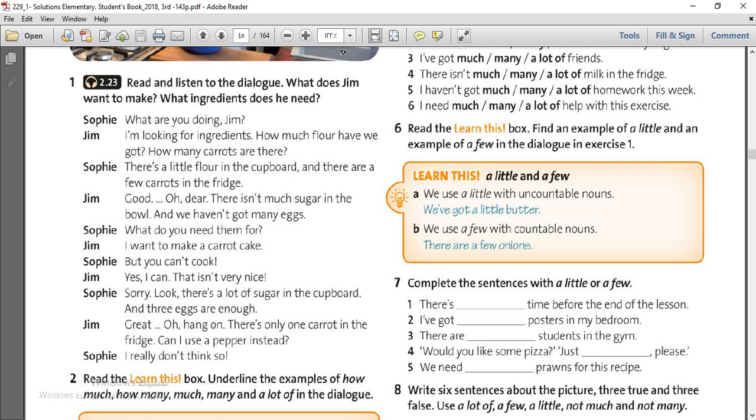What do you need them for? I want to make a carrot cake. But you can't cook. Yes, I can. That isn't very nice. Sorry. Look, there's a lot of sugar in the cupboard, and 3 eggs are enough. Great. Oh, hang on. There's only 1 carrot in the fridge. Can I use a pepper instead? I really don't think so.